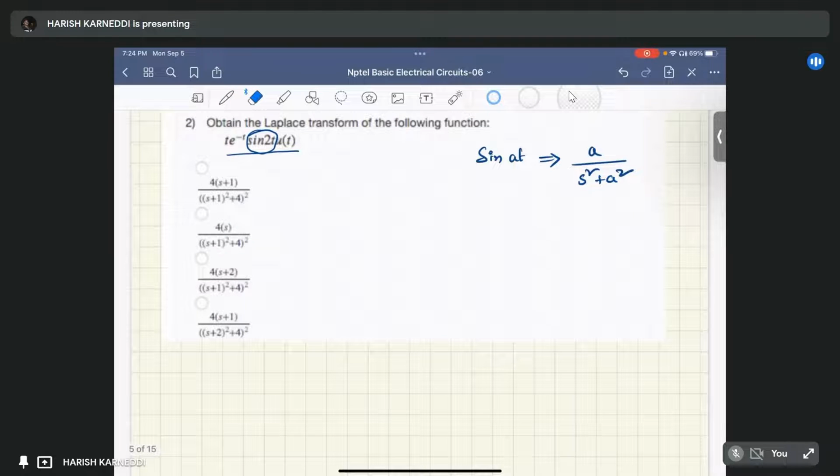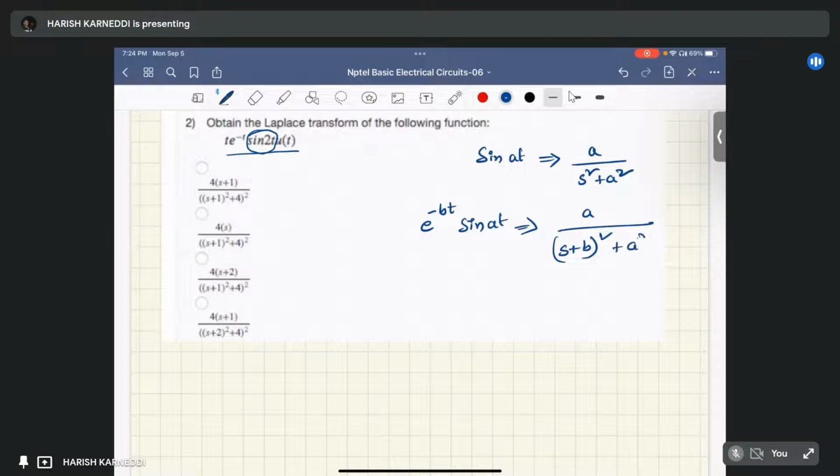If you multiply this function by e power minus bt, you can write like this: a by (s plus b) whole square plus a square. Okay.